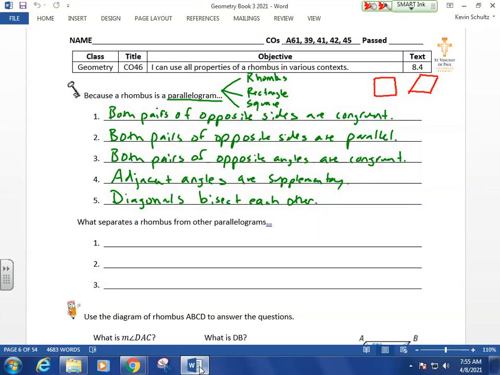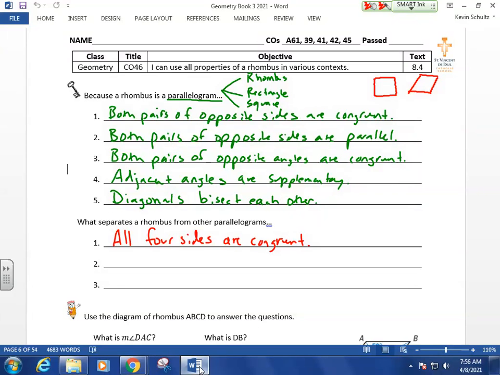Okay, similar to the parallelograms that we were drawing yesterday, but the difference is that it does have all four sides congruent. So going down now below here, what separates a rhombus from other parallelograms, what makes it special, is that all four sides are congruent. Okay, that's what makes it different from a rectangle, right?